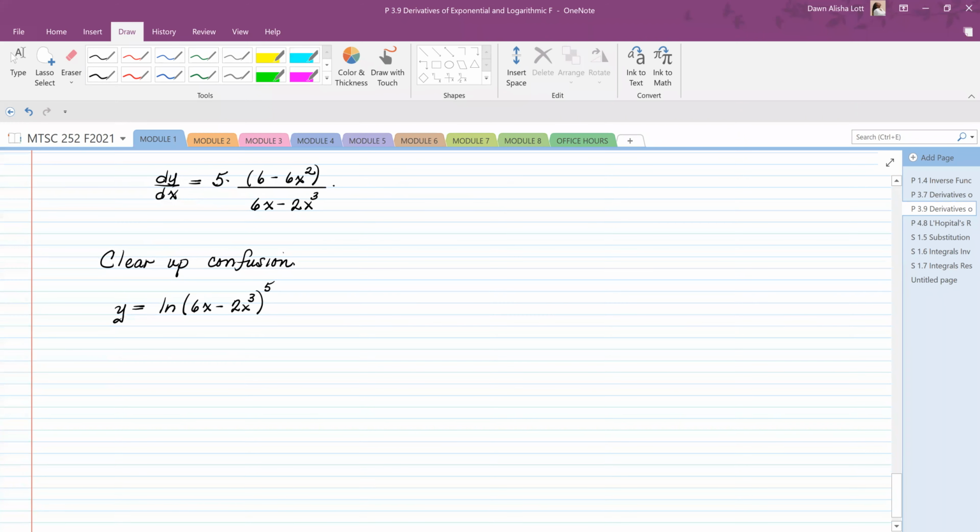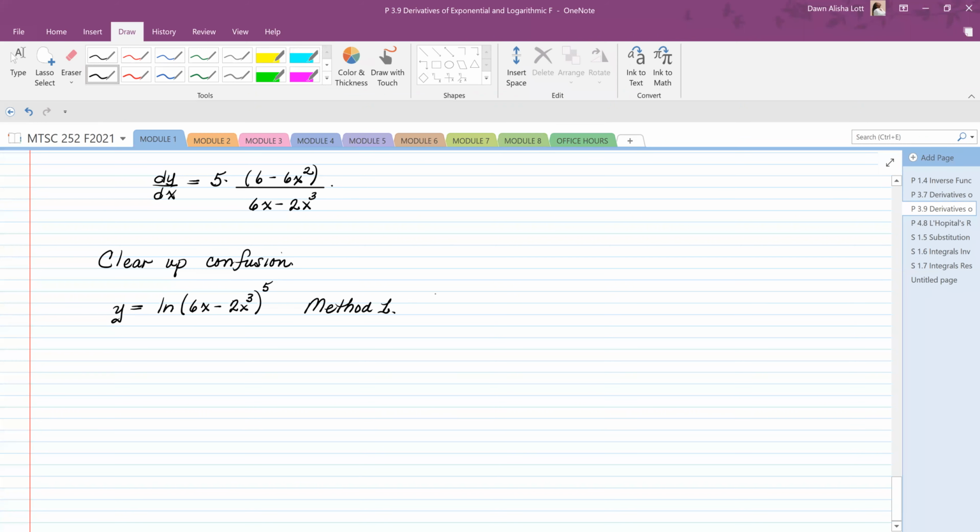Now one way I could do this problem is method 1. I could say that u is equal to 6x minus 2x cubed to the 5th power, and then y is equal to the natural log of u. Does everybody see that?